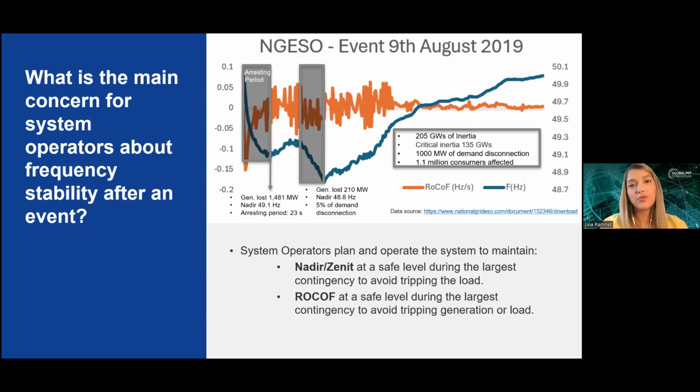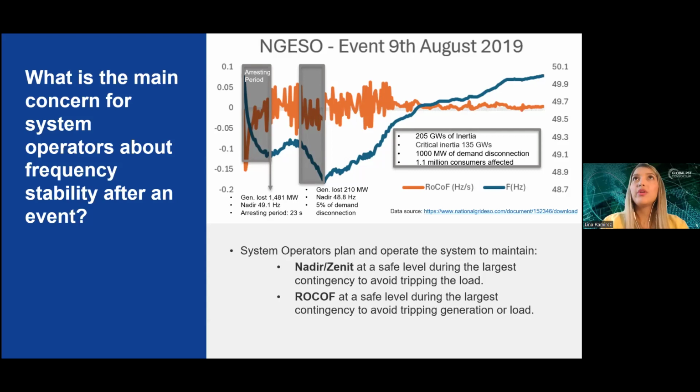They lost another 200 megawatts, and they had a nadir that was below the under frequency relay, and they started to disconnect load. So that is the main concern: to avoid disconnecting load after an event, to avoid having a bigger event. So to have the resources that the system needs to avoid that the nadir goes to that point when we start to trip load for maintaining the frequency stable.